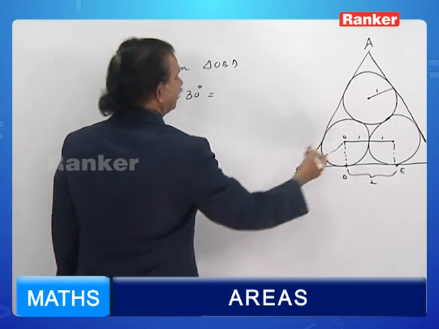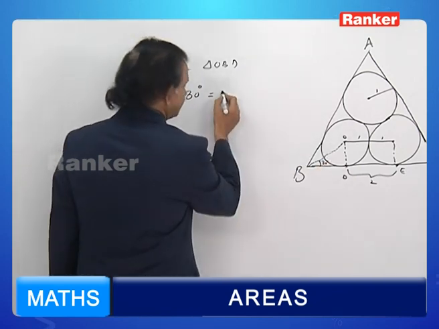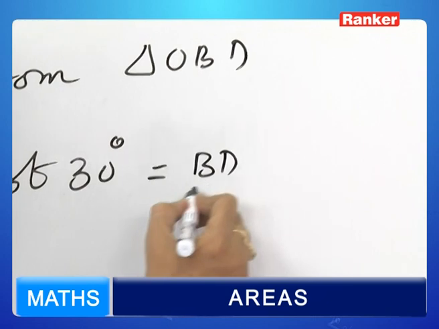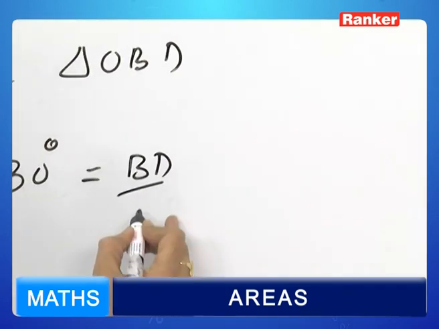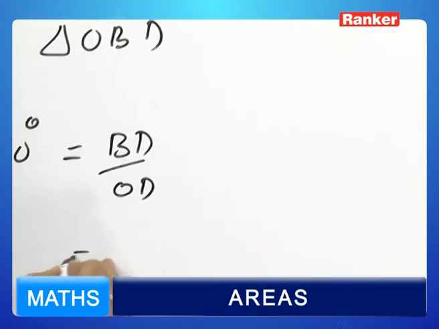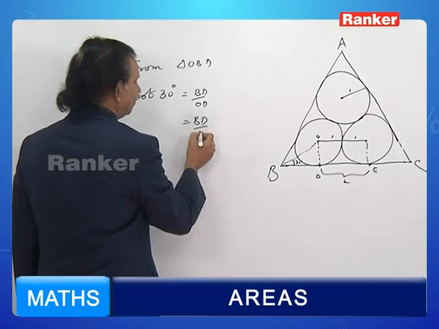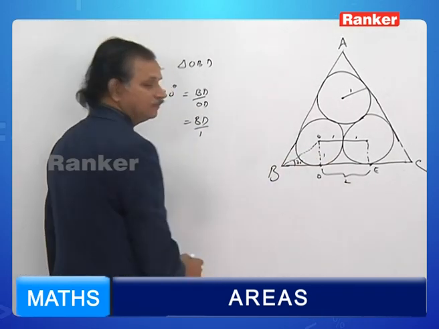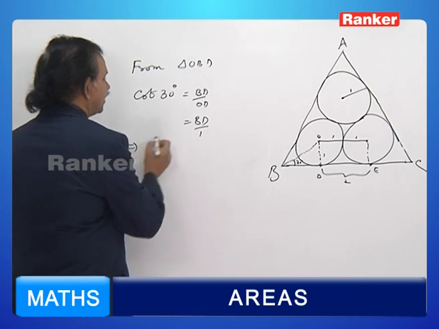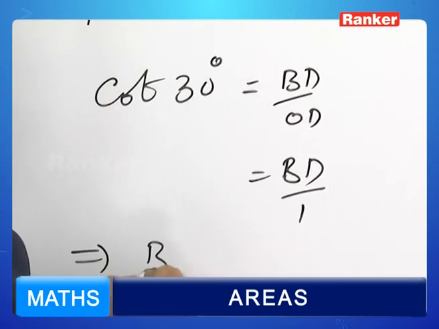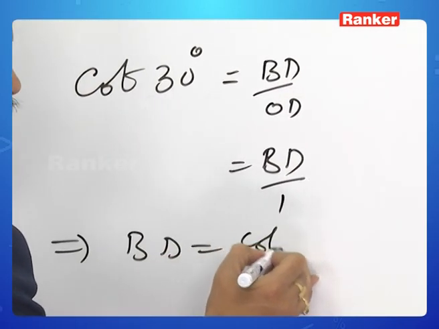Adjacent side by opposite side. What is the adjacent side? BD. What is the opposite side? OD. It's equal to BD by OD. What is OD? 1. Hence from this, what can you say? BD is equal to cot 30.